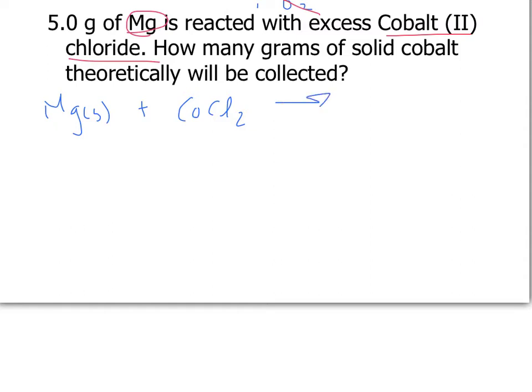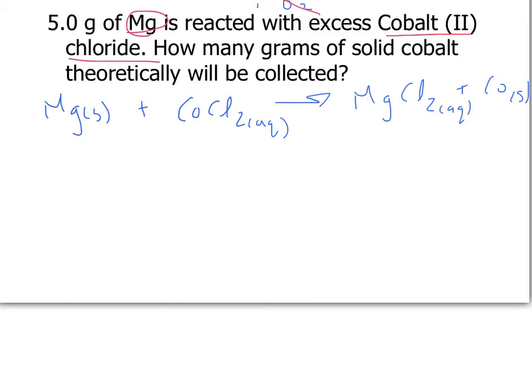And then this looks like it's going to be a single displacement reaction. So my magnesium is going to go with my chlorine, and I have to re-crisscross that formula. The magnesium's got a 2 plus, chlorine's got a 1 minus. And the cobalt is left out all on its own. So put my states in. And this equation already looks balanced.